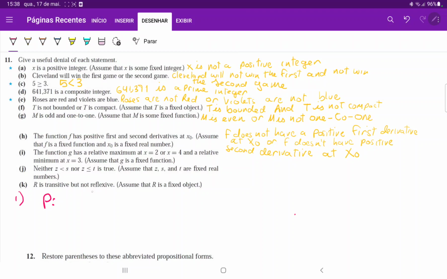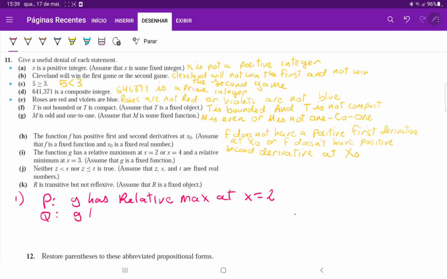P is the proposition G has relative max at x equals 2. Actually, we do have three propositions here.